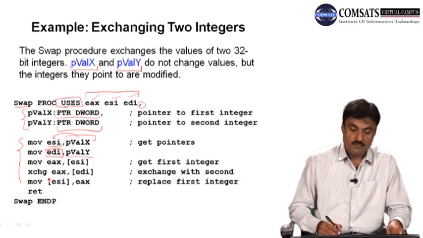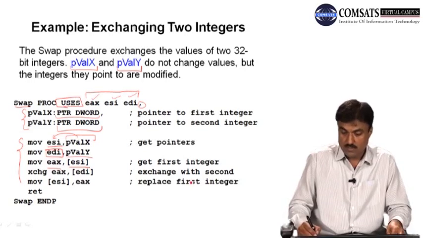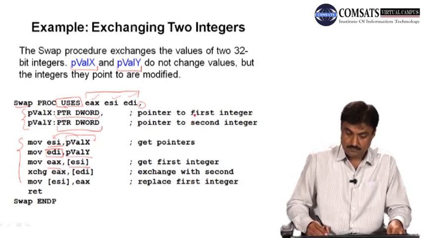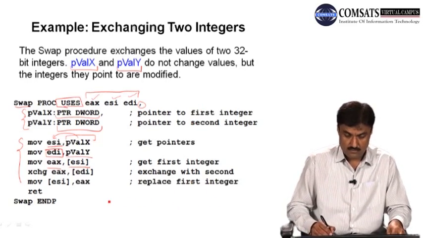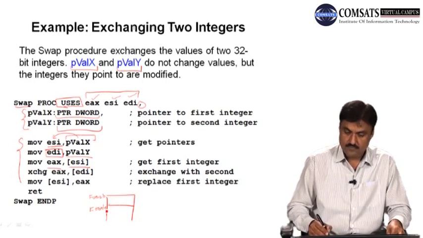And now what we are going to do, EAX will hold the value of ESI. So for example, this is the address, I can write it here, for example, double word F0000 and F004.